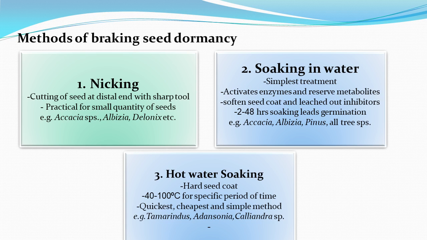Generally in seeds with a hard seed coat, we can take a simple cut at the distal end, and these seeds are then allowed to germinate. But practically, it is applicable only for a small quantity of seed, and the seed must be large enough to take a cut at the distal end.